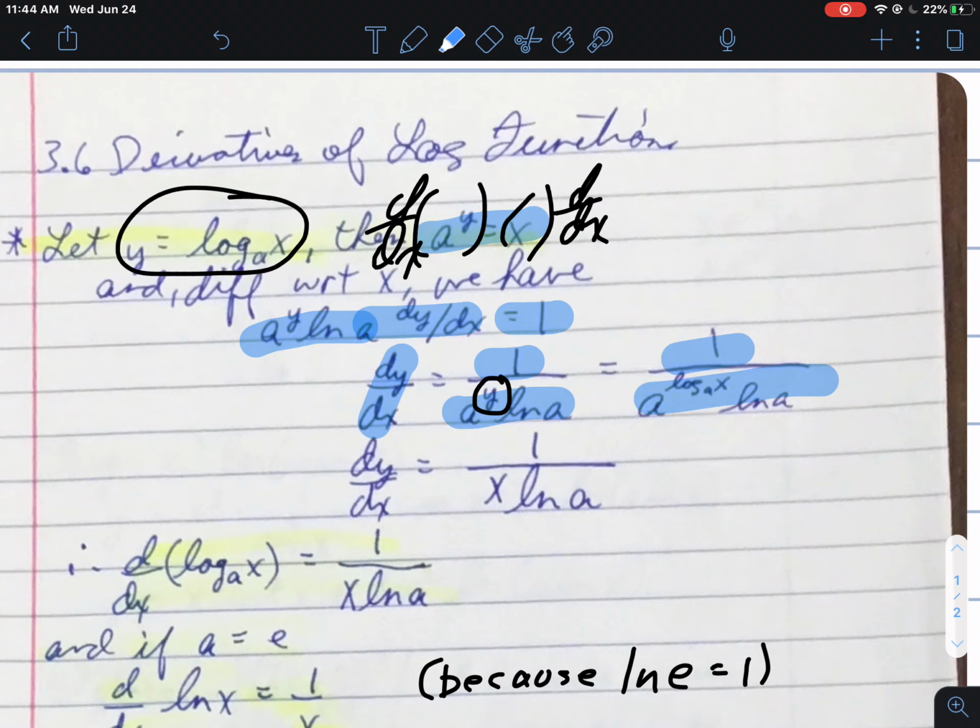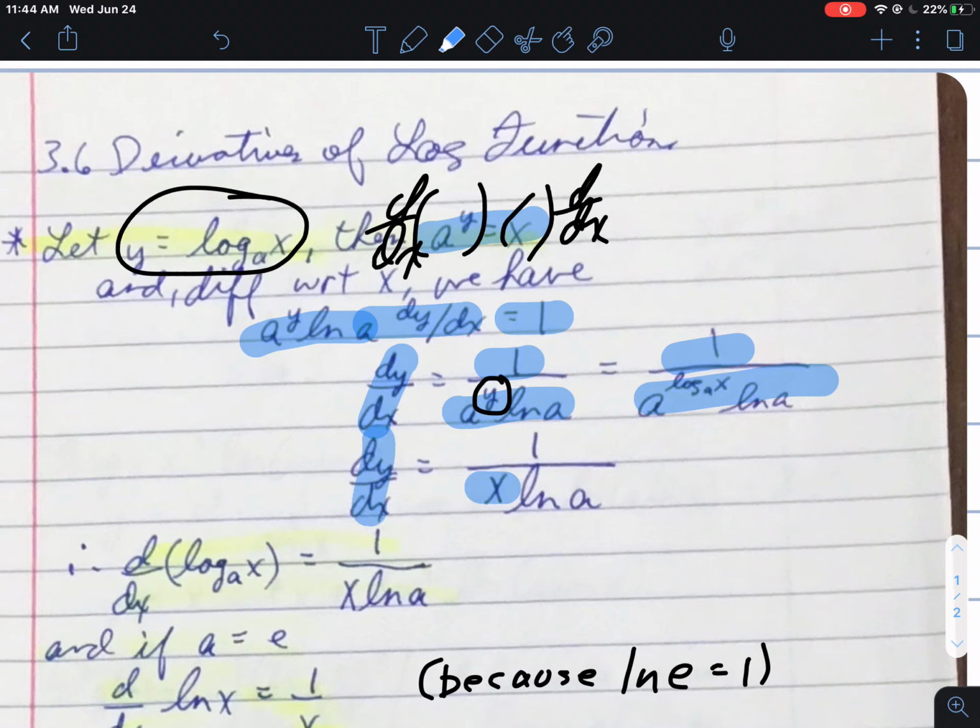Now a raised to the log base a of x, again a property of logs, the exponential function base a raised to the power of the log base a of x, will simplify to just x, because the exponential and the log are inverse functions. They undo each other.